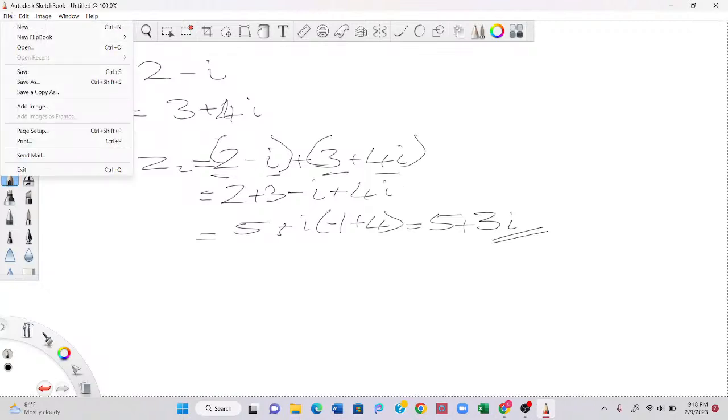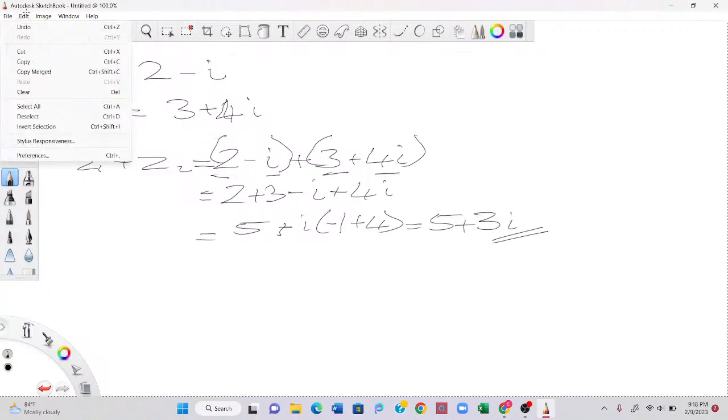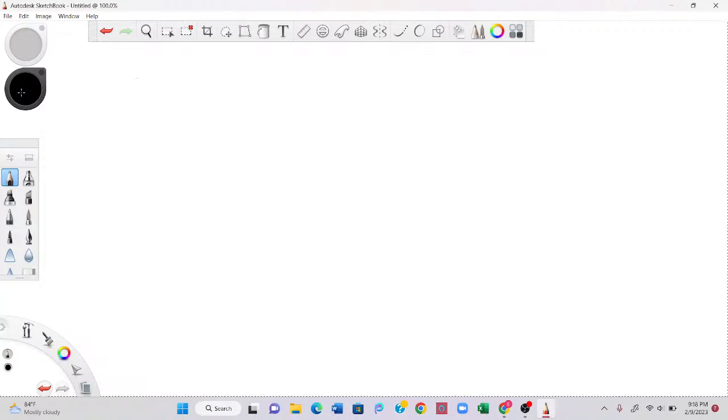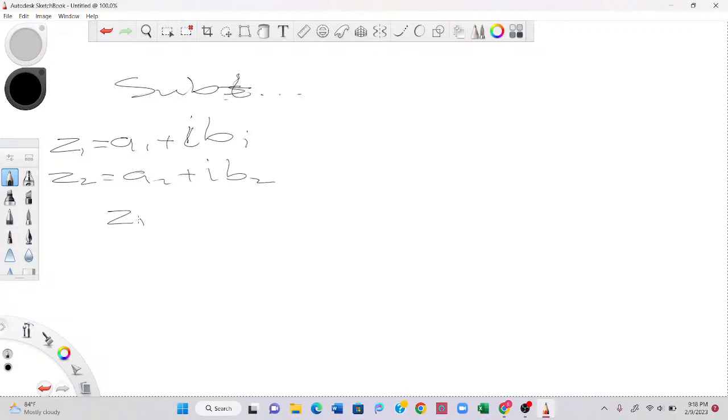It's the same thing with the subtraction. So Z1 is A1 plus iB1, then Z2 is A2 plus iB2. So Z1 minus Z2, you're going to subtract this from this.